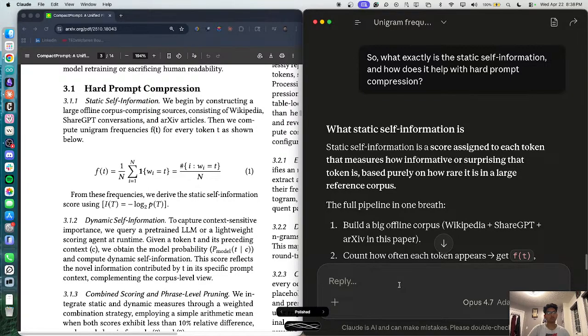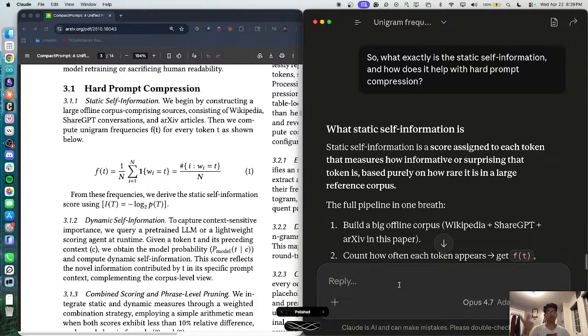And after that, we derive the actual score by using negative log 2 p of t, which I still have to learn. I want to understand what that means. But basically, before that, we first compute the unigram frequency, which I understand now. And then those frequencies are used within the static self-information score. At a high level, a static self-information score is a score assigned to each token that measures how informative that token is to that specific corpus of text.